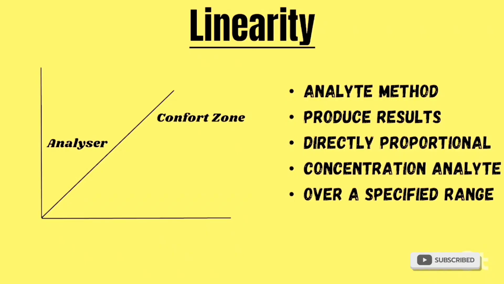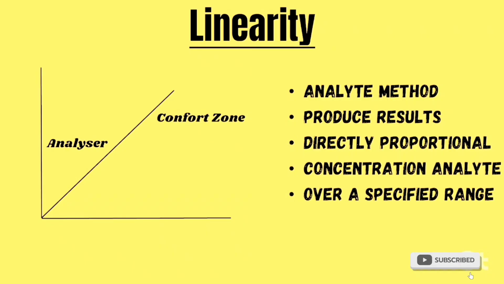If you look at this, I started by saying that linearity is an analyte method that produces a result which is directly proportional to the concentration of the analyte. The analyte there is talking about maybe your sample. In your sample, let's say you want to measure bilirubin, or hemoglobin, or white blood cells, or PT/INR or APTT. It doesn't matter. Anything that you want to quantify. It can even be in immunology, something like HCG, as the case may be.